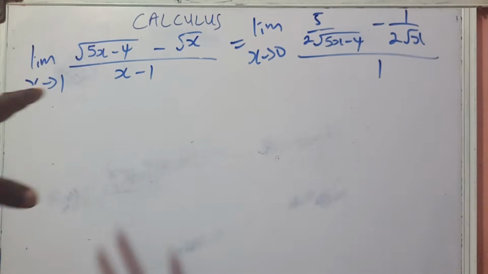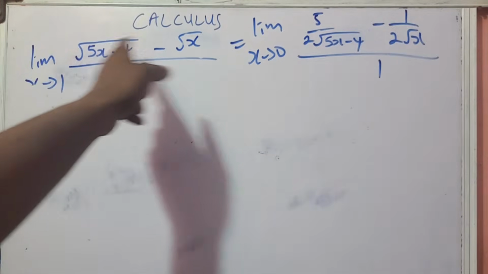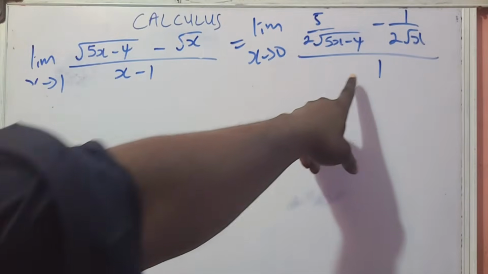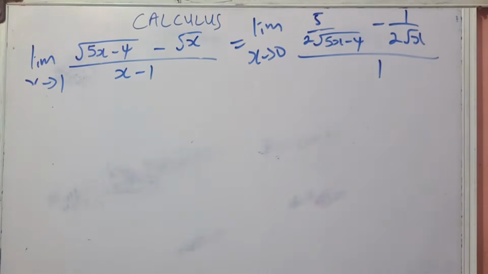So now look, this is the derivative for the top. This is the derivative for the denominator. So what you want to do now is, of course, we are using L'Hopital here. You can now go on to put in your values for x. Your x is tending towards 1.